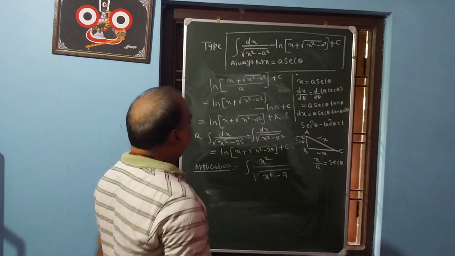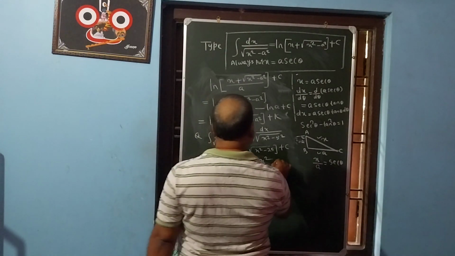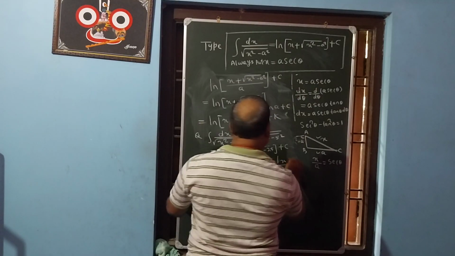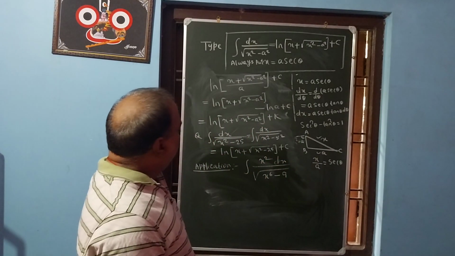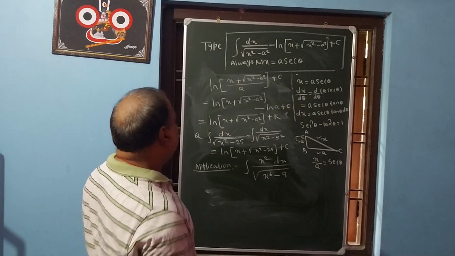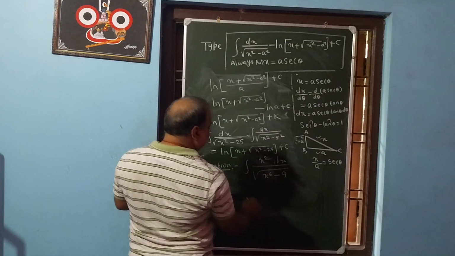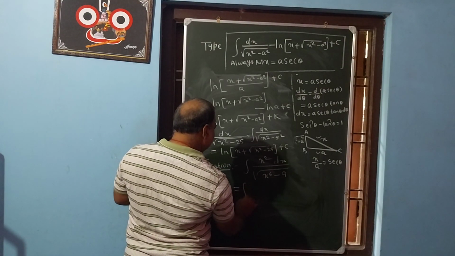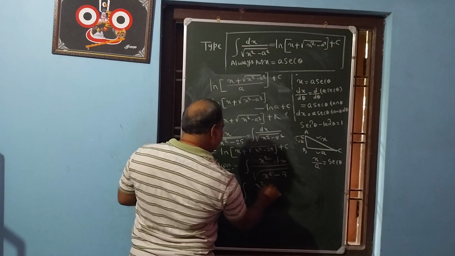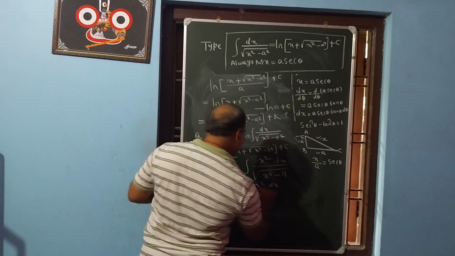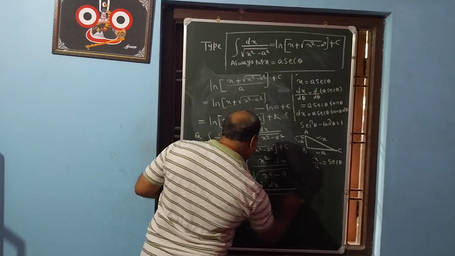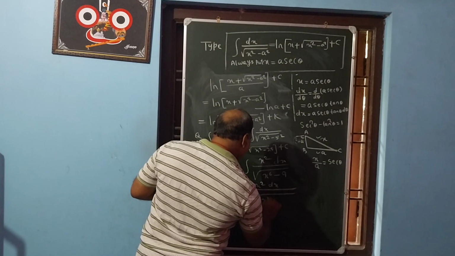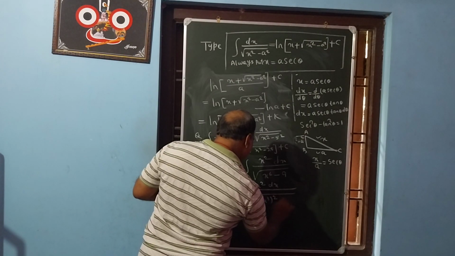How can you integrate this problem? Now x to the power 6 can be written as x square dx divided by square root of x cube whole square minus 3 square.